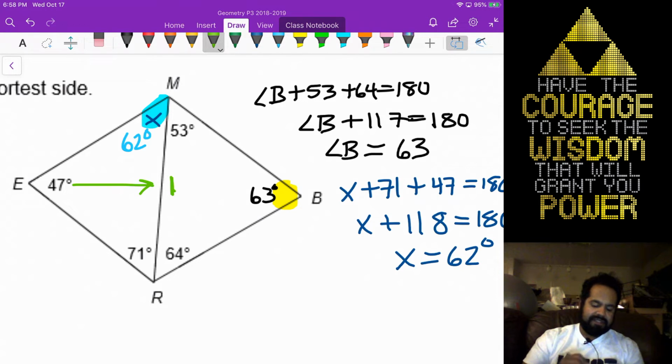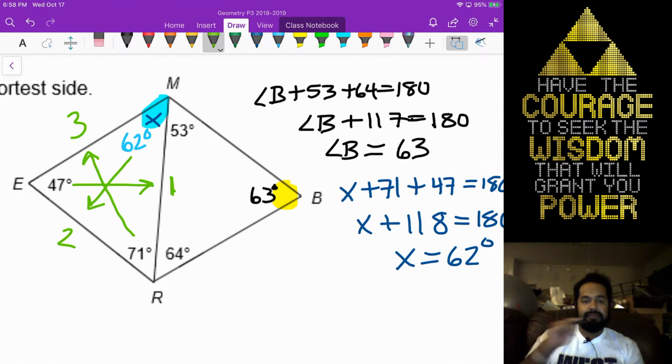With the 62 degrees, since the angle is bigger, its opposite side must be bigger. Let's just pretend that's a 2. Now 71 is bigger than those two, so let's say that has a side length of 3. This is not to scale, but if we use ridiculously big numbers, then it just doesn't work out.